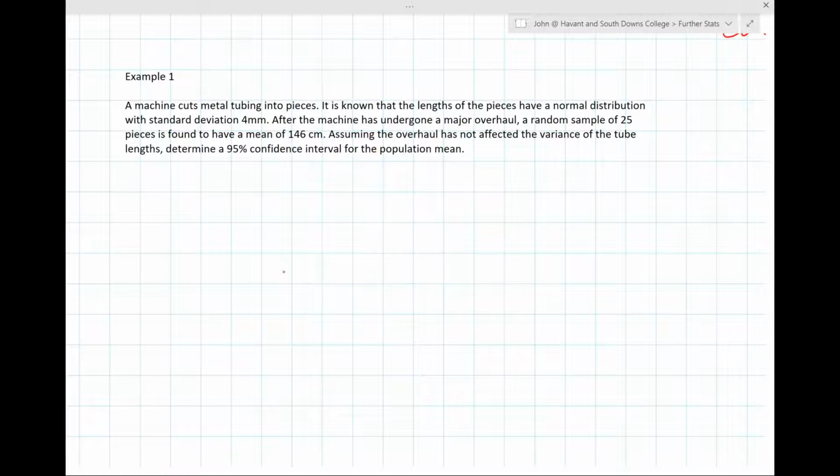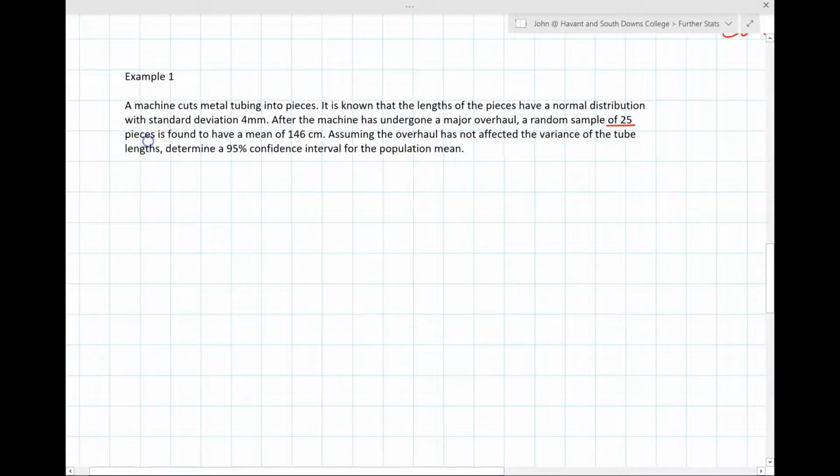But after the machine has undergone a major overhaul, a random sample of 25 pieces is found to have a mean of 146 centimeters. Assuming the overhaul has not affected the variance of the tube lengths, determine a 95% confidence interval for the population mean.